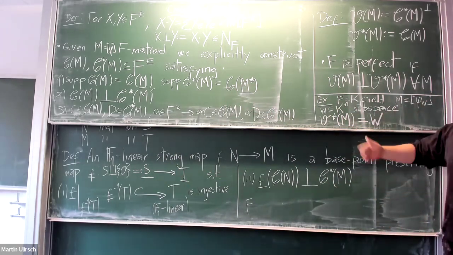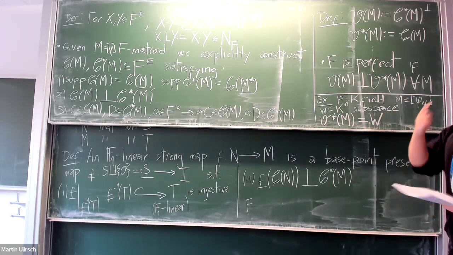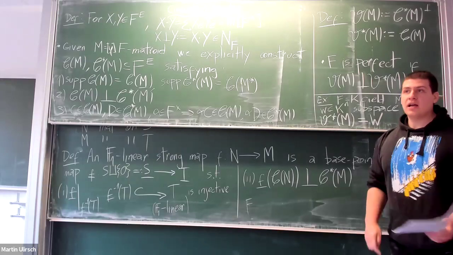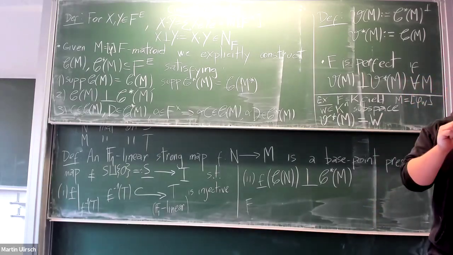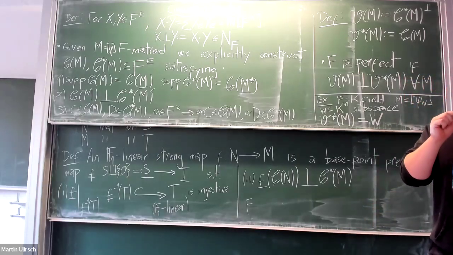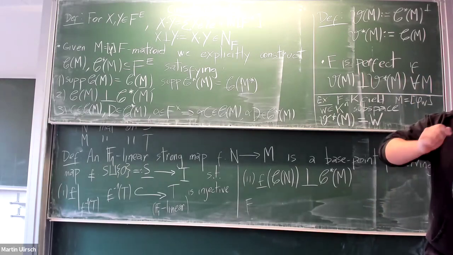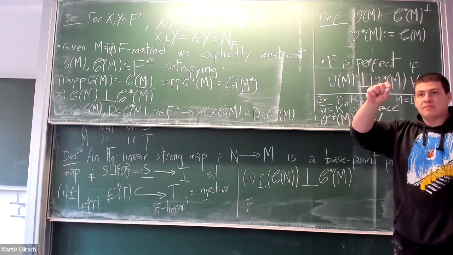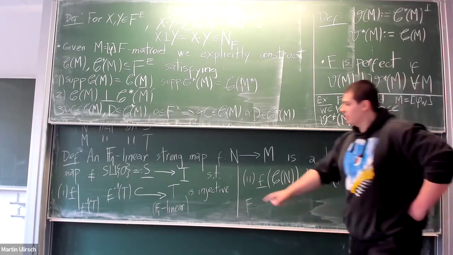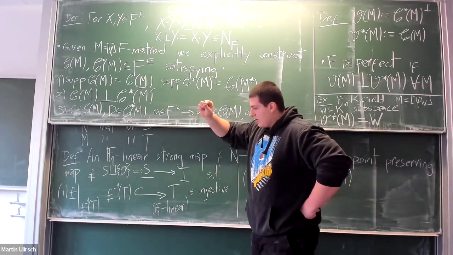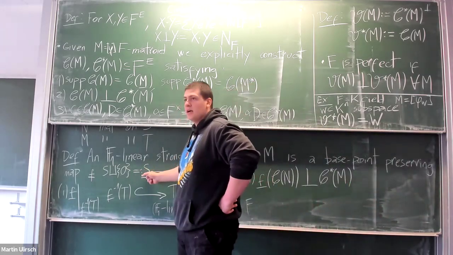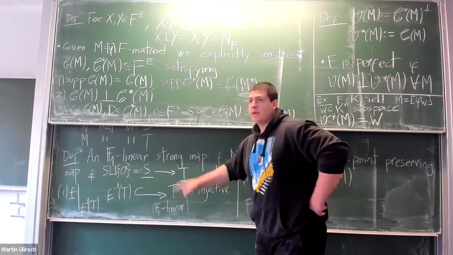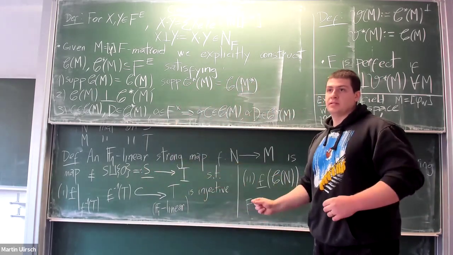Every F1 linear strong map is a strong map, but it's a bit weaker than strong maps. We don't have every strong map. The specific subset of strong maps that are not included here are those that collapse parallel edges, because when we collapse parallel edges, we have two elements going to T, not to 0, but they go to the same element.